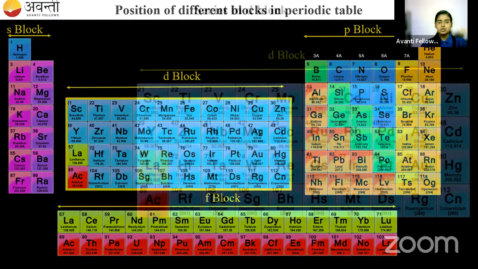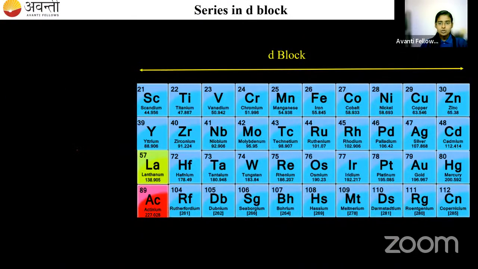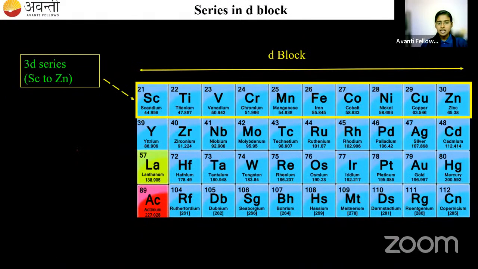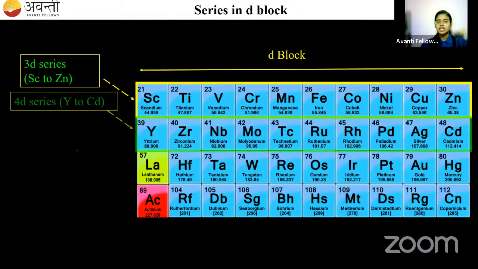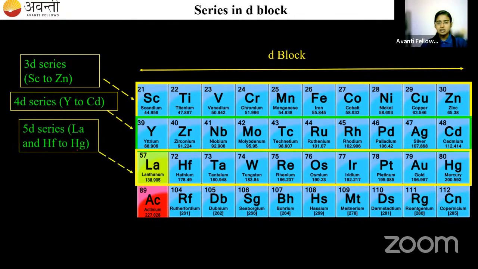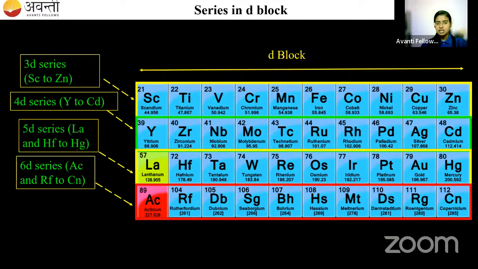From scandium to zinc is called the 3D series, from yttrium to cadmium the 4D series, from lanthanum to mercury the 5D series, and from actinium to copernicium the 6D series. In this lesson, we will discuss both D block and F block. First we will concentrate on D block, and at last we will move on to F block.